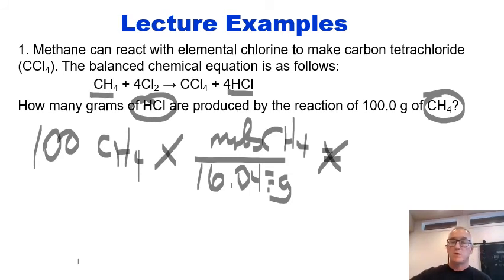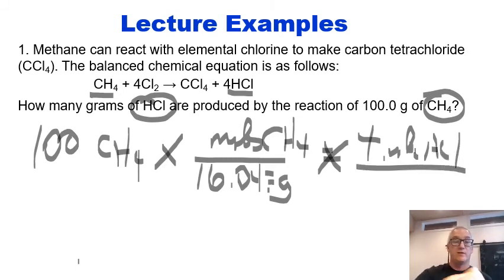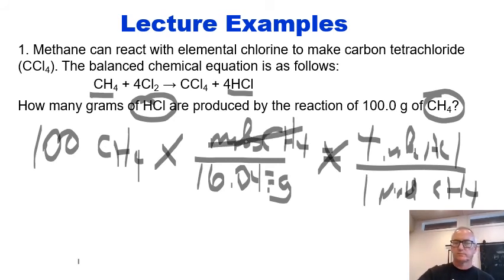So I want moles of HCl on top. So 4 moles HCl for every 1 mole of CH4. That cancels out moles of CH4. And we've also canceled out grams of CH4.